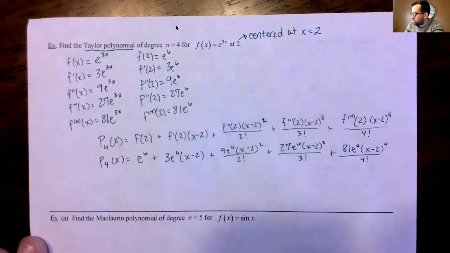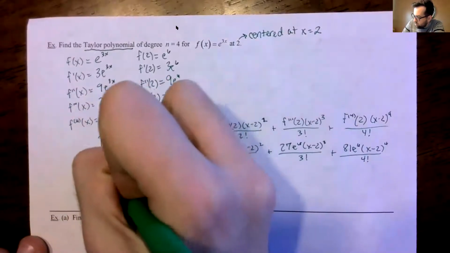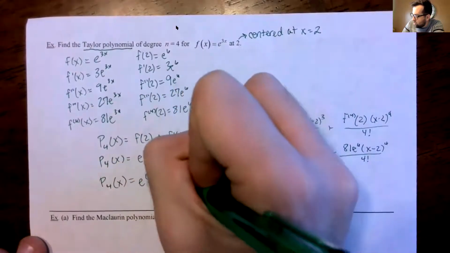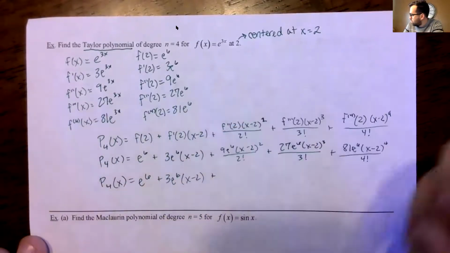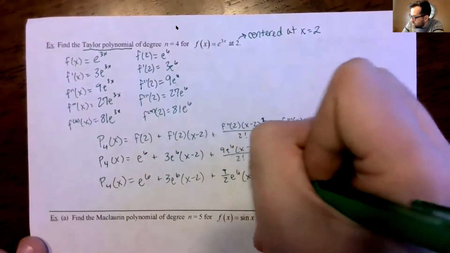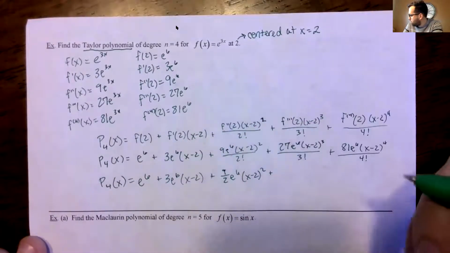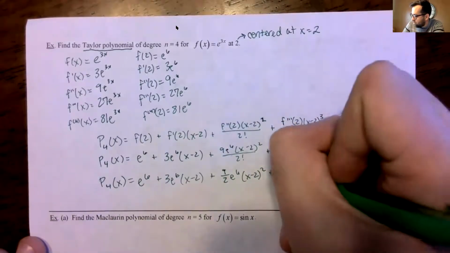And I am going to simplify that in one final step here. We get e to the 6th, 3e to the 6th times x minus 2. This is going to be 9 halves e to the 6th times x minus 2 squared. 27 over 6 reduces to 9 halves again.